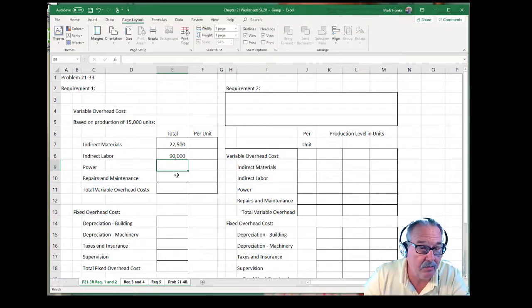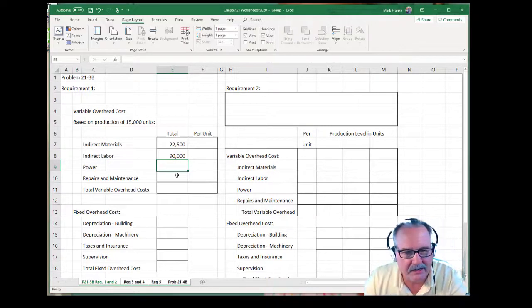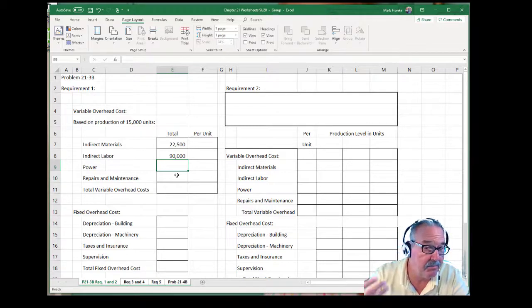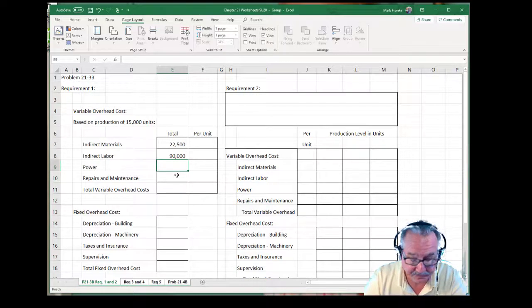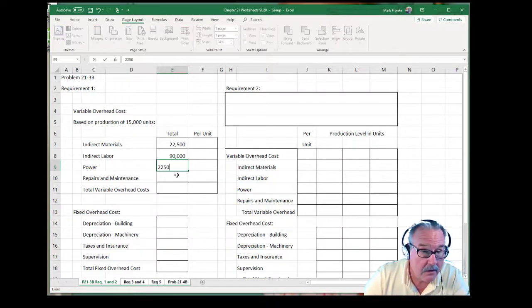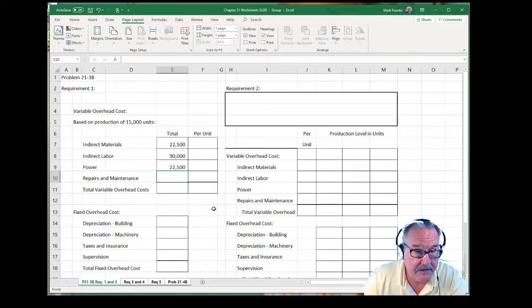Indirect materials would be shop supplies or solder, sometimes paint, stain, small fasteners, screws, nuts, bolts, those kinds of things where it's really difficult to keep track of individual little parts. So we throw them into an indirect material category and they just get applied based on some application rate like we talked about in the overhead chapters.